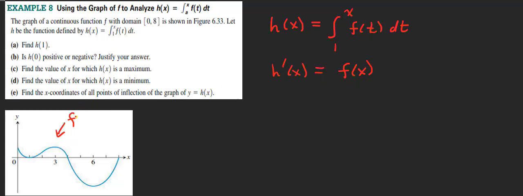So we could say that f is the same thing as h prime. So let's get the chart. f, or we could call it h prime. Now, we're looking at from 0 to 8. What are the critical numbers? Critical numbers are at 1 and 4. That's when f or h prime is equal to 0.